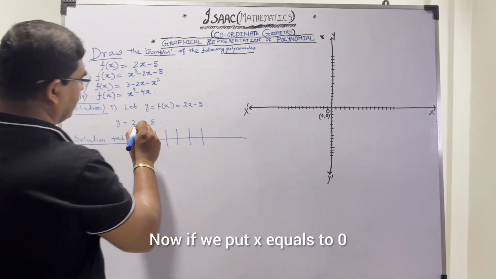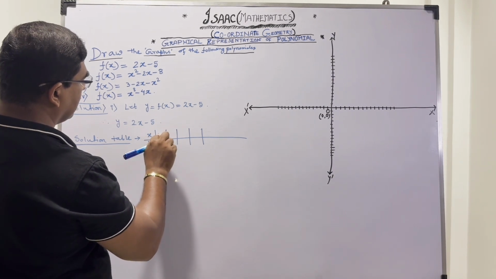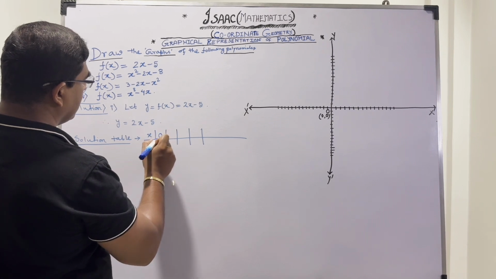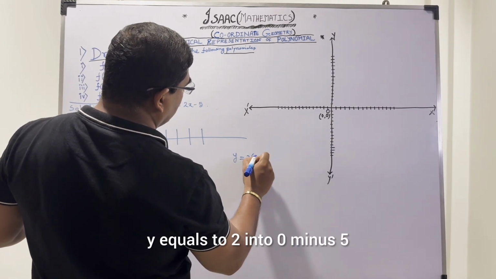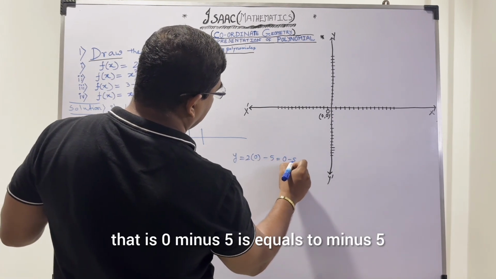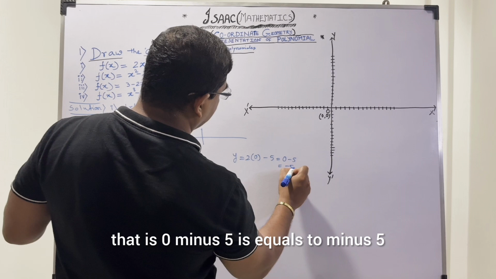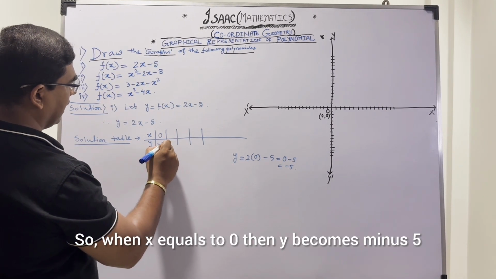Now if we put x equals 0, then y equals 2 into 0 minus 5, that is 0 minus 5, which equals minus 5. So when x equals 0, y becomes minus 5.